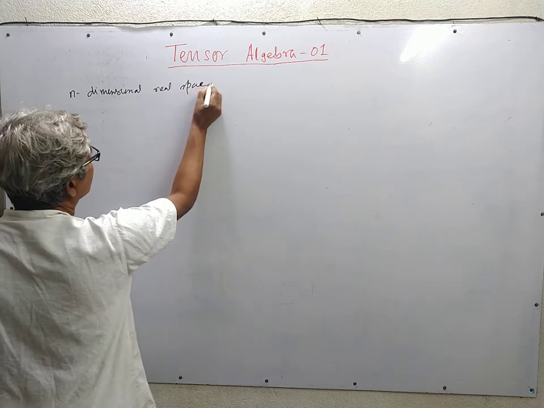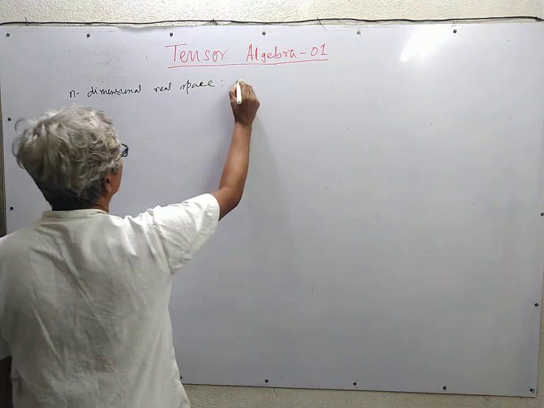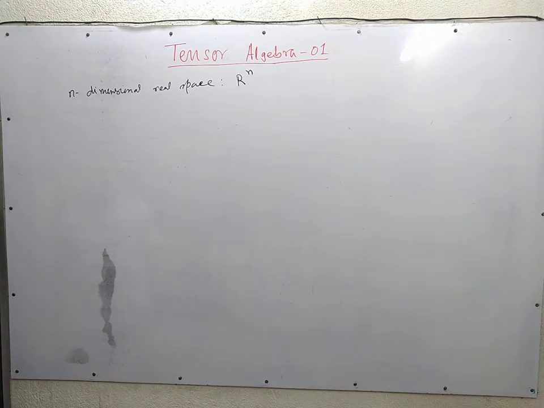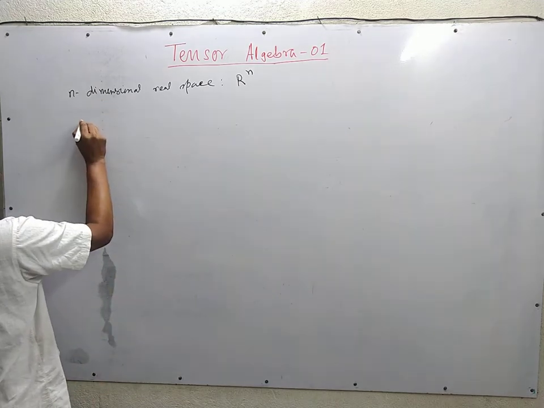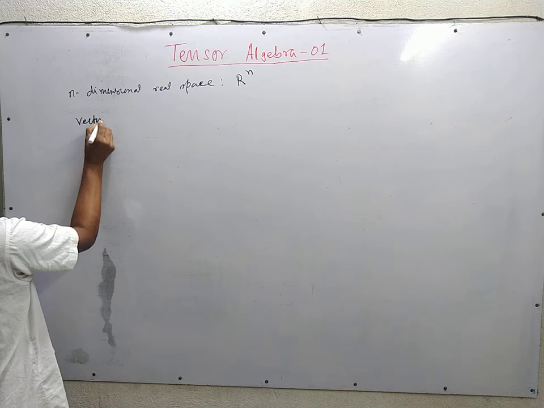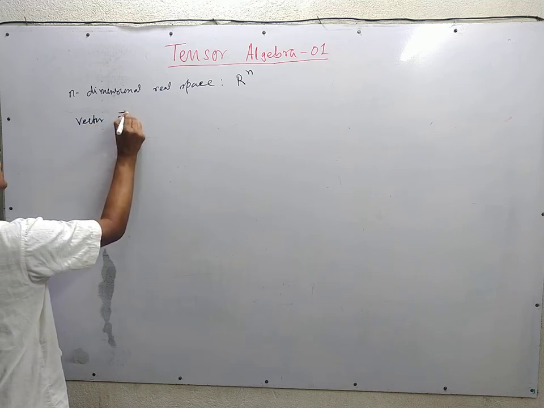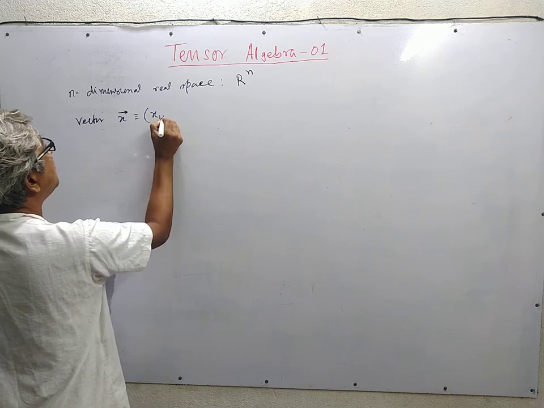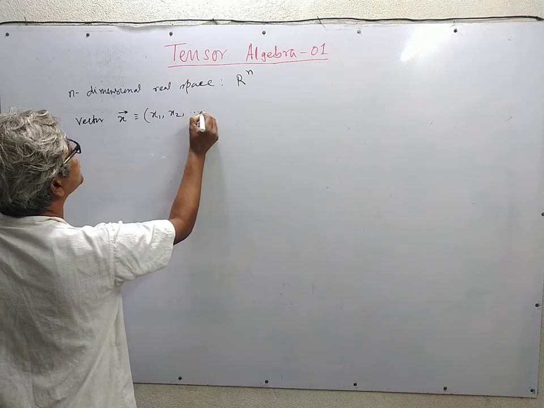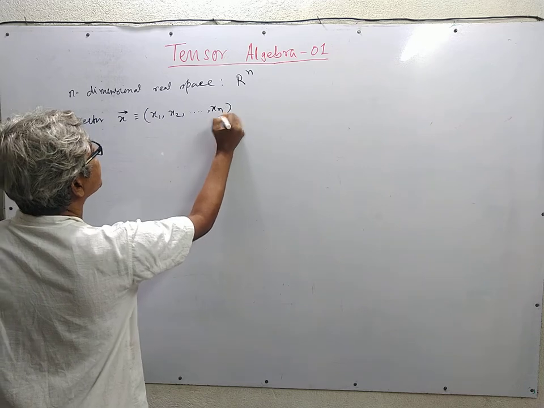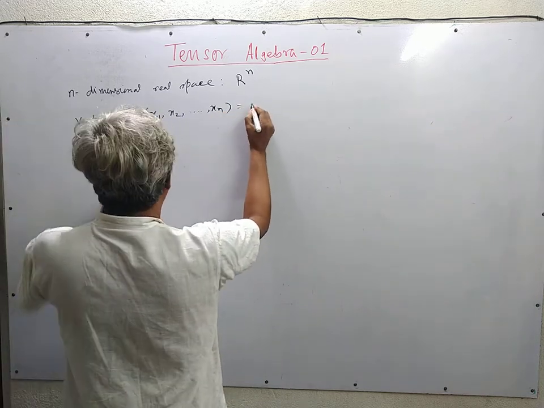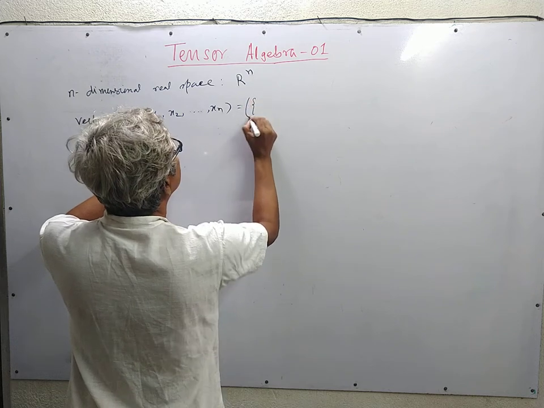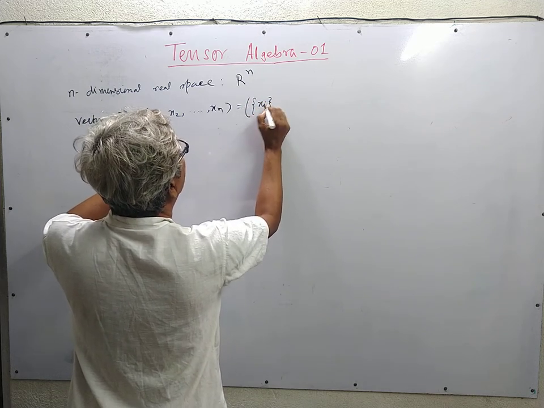Real space. This is mathematically denoted as Rn. That is, if we call a vector x in this dimension, a vector x in this dimension actually comprises components x1, x2 up to xn, which is written in brief as xi.